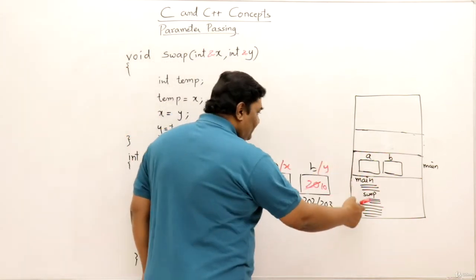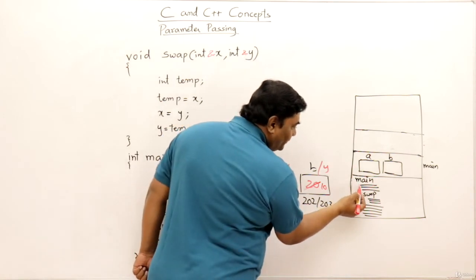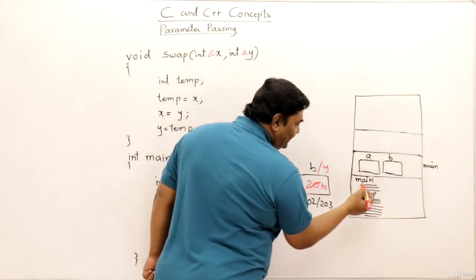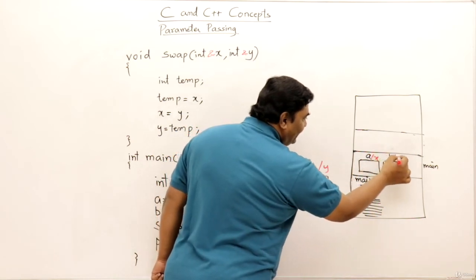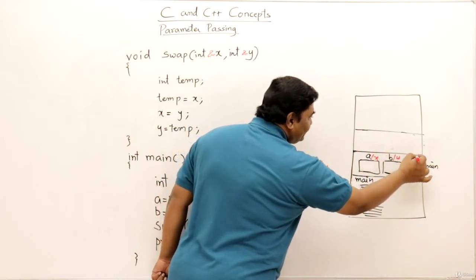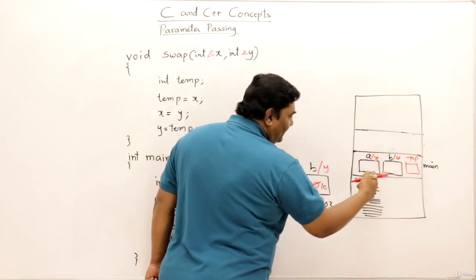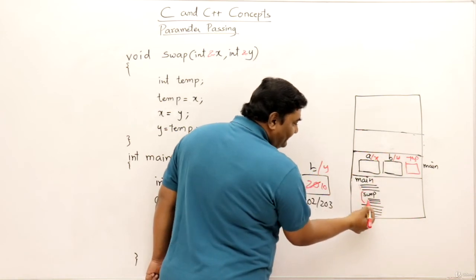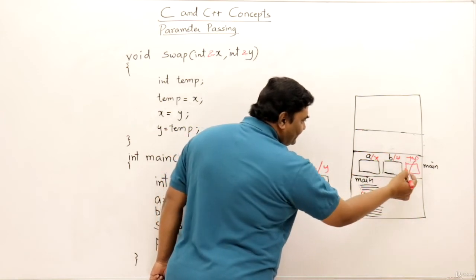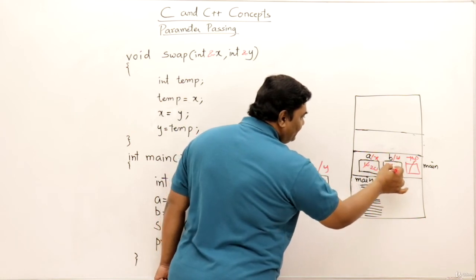As long as the main function code is running, these are A and B. And once the swap starts, these are called X and Y. And the temp variable is also created inside the same activation record of main function, inside the same stack frame. And once the swap function ends, this is gone and the values that were 10 and 20 are changed to 20 and 10.